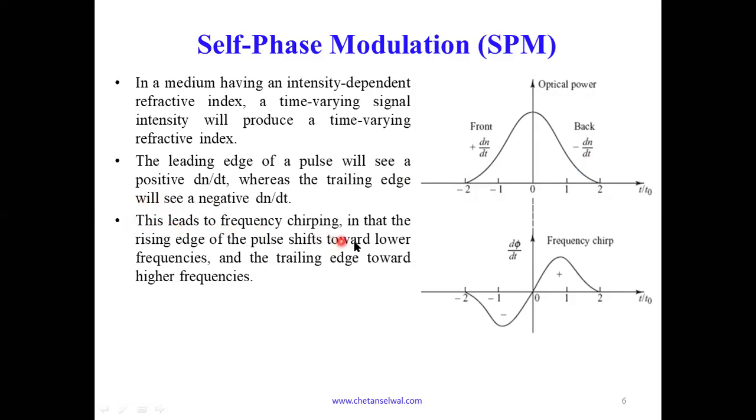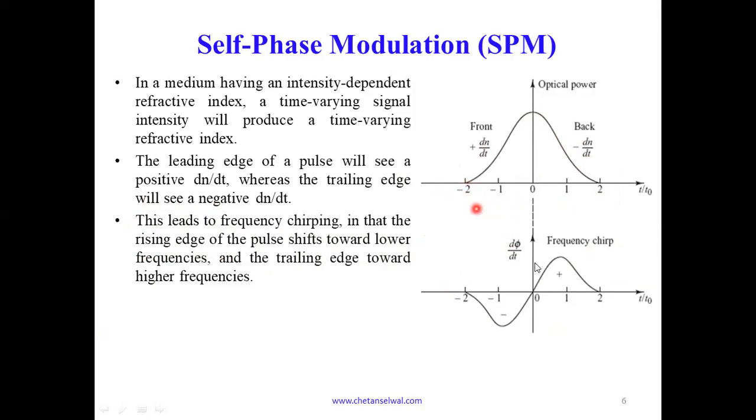This leads to frequency chirping, in that the rising edge of the pulse shifts towards lower frequencies and the trailing edge towards higher frequencies. So because of this refractive index variation, a frequency shift or frequency chirp takes place. Suppose your original signal was placed between a frequency f1 and frequency f2.